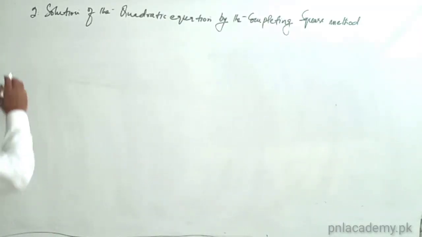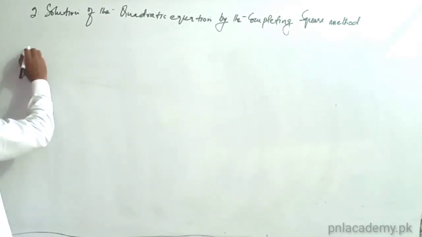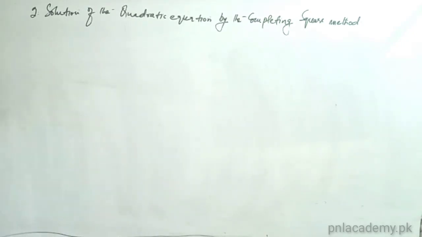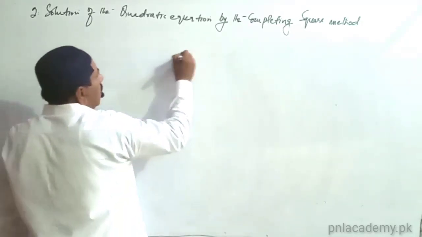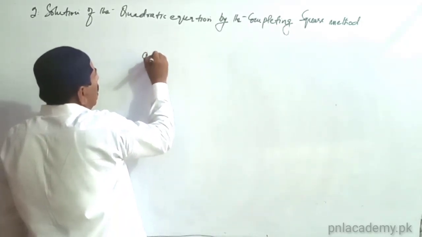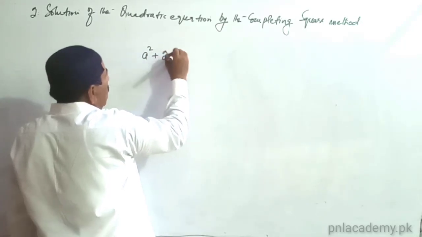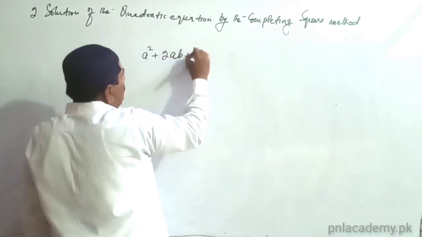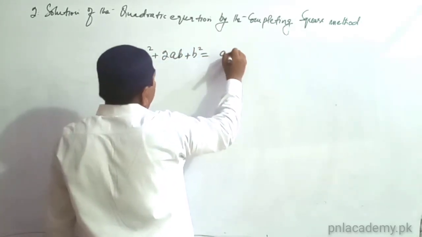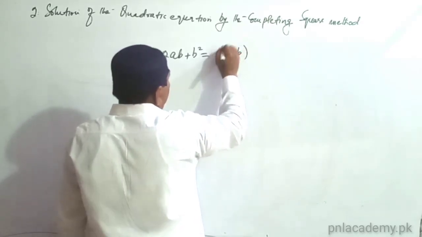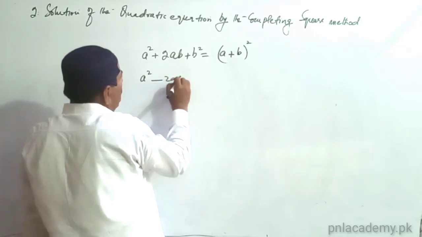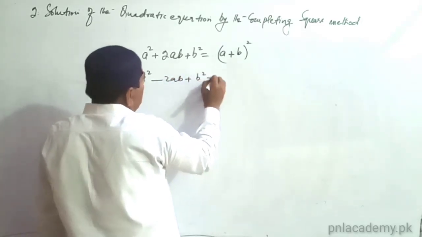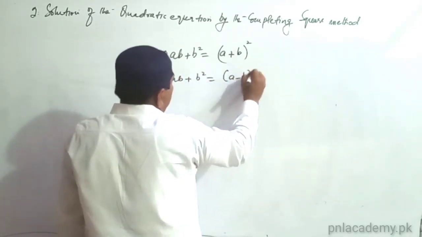So in this condition, first of all, I will write a perfect square quadratic equation, just like if I say that a square plus 2ab plus b square is equal to a plus b whole square, or if I write a square minus 2ab plus b square, this will be a minus b whole square.